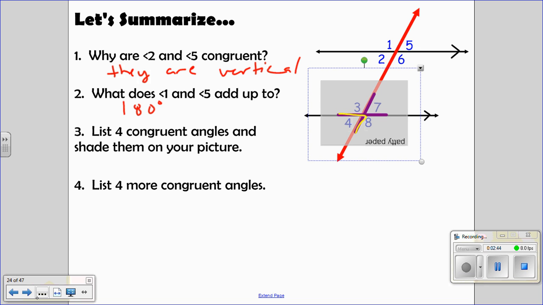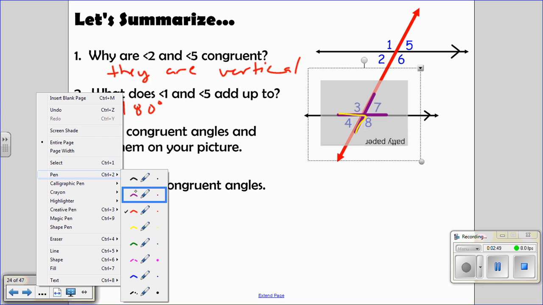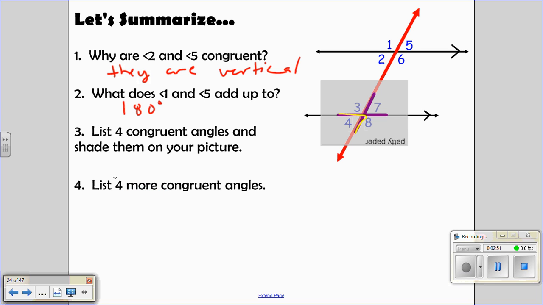Angle 4 sure does. So that means I can say angle 2 is congruent to angle 4. I could also now say angle 4 is congruent with angle 5.